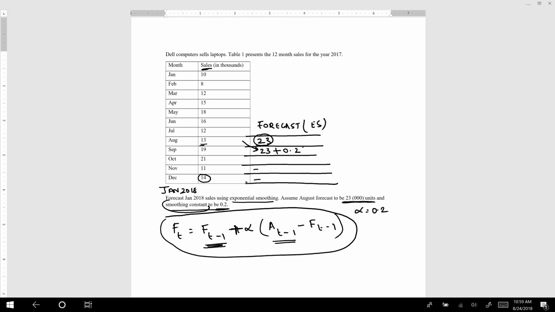So 0.2 multiplied by the actual value, which for August is 13, minus the forecasted value of the previous time period, which is 23. If you calculate this, you will get September's forecast to be 21.